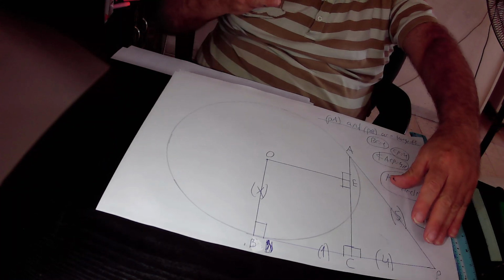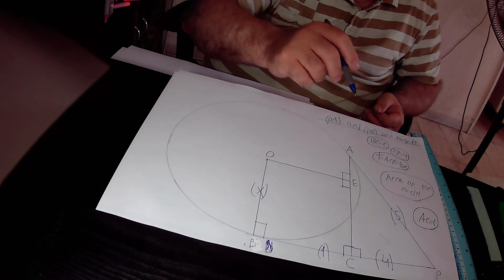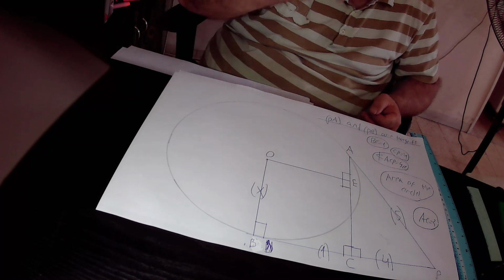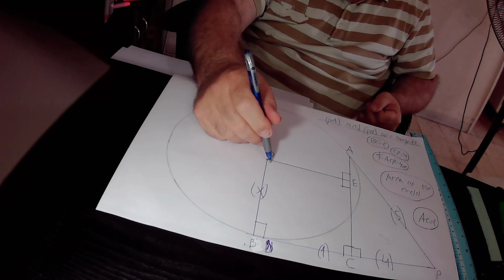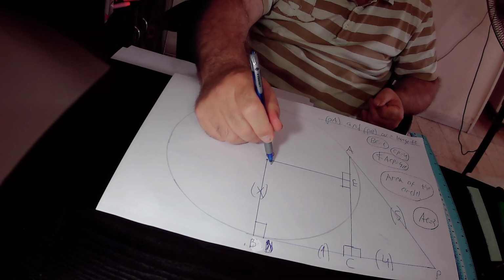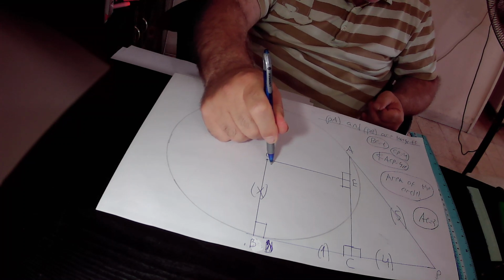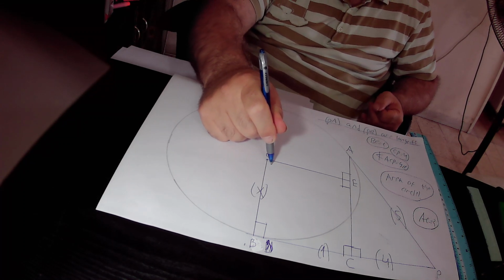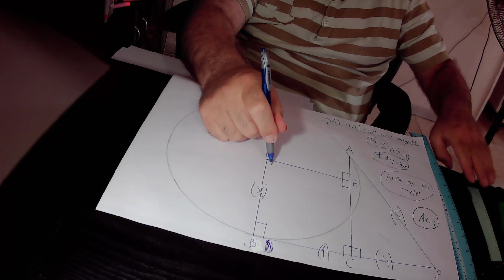By doing this construction, we can take quadrilateral OECB. Inside quadrilateral OECB, we have 1, 2, 3 right angles. The sum of 3 right angles is 270 degrees. So 270 degrees plus the size of this fourth missing angle must be equal to 360 degrees, according to the rule that the sum of the angles in any quadrilateral is equal to 360 degrees. Therefore, this fourth missing angle must be equal to 90 degrees.